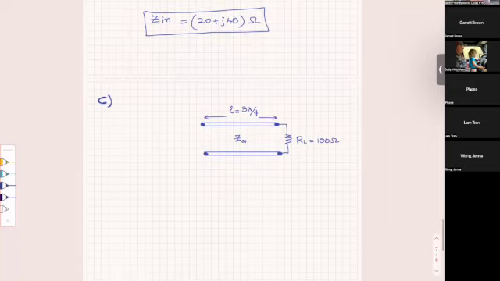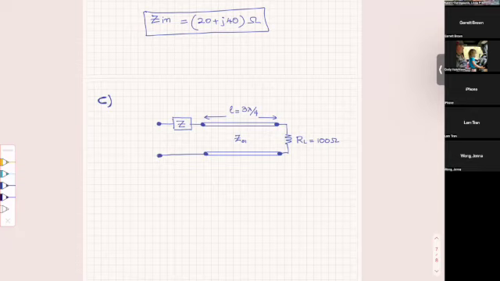Okay. And then let's assume that I have here an impedance Z, which I do not know.